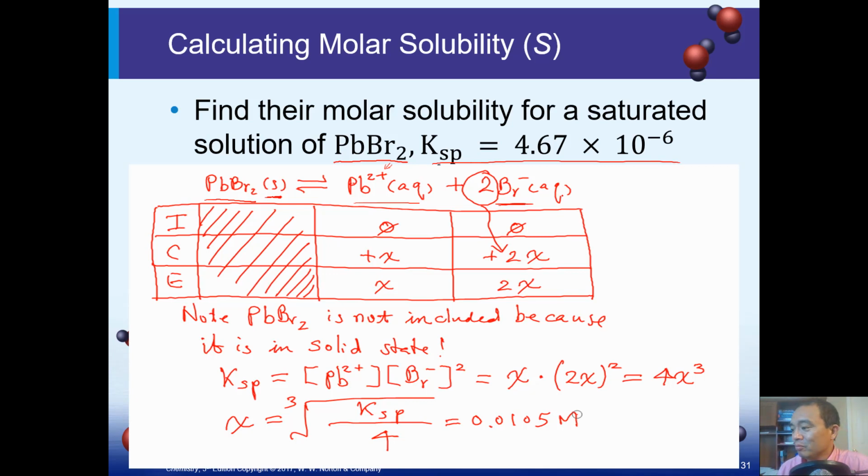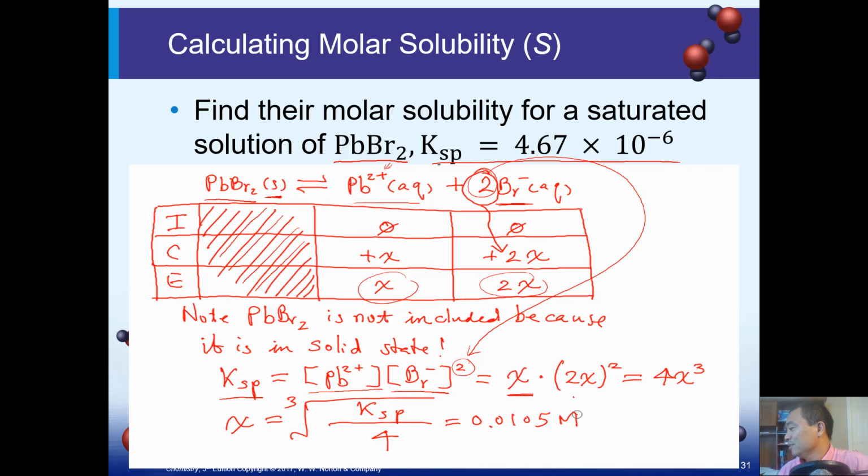Then you build the ICE table. Do remember, the solid phase is not included in the KSP representation. When you write the KSP, you have the concentration of the cation and the concentration of the anion raised to the power of 2, because you have a number 2 before the Br-. Then you substitute the final concentrations in.